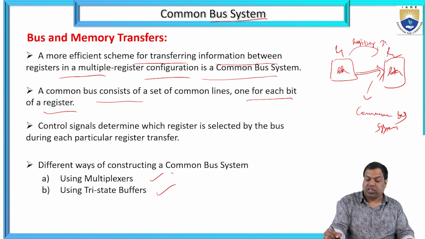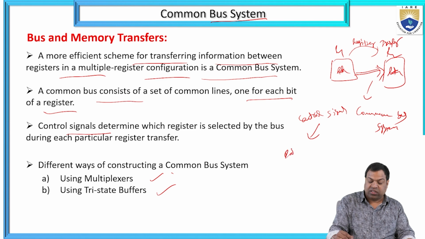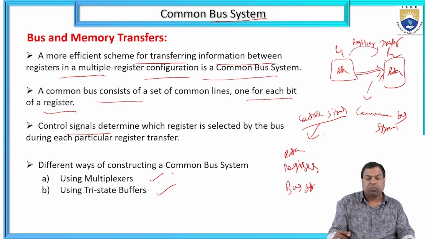The control signal will monitor the data, the registers, and the bus system. Control signals monitor what data is being transferred, which registers are needed for transferring from one register to another register, and what the bus system is.